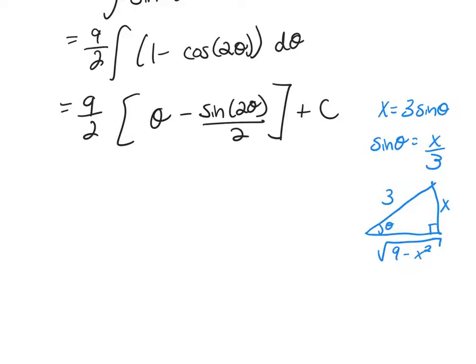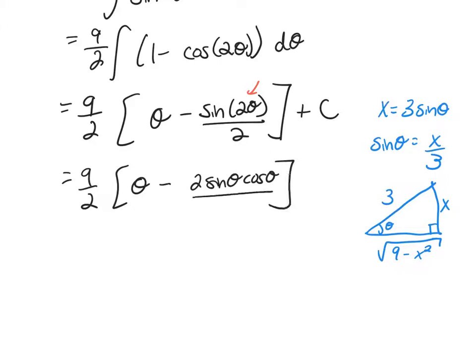And so we've got a little bit of a problem here because we don't have theta, we have 2 theta. So you're going to have to use the double angle formula for sine, which is the same thing as 2 sine theta cosine theta. And the 2's will cancel.